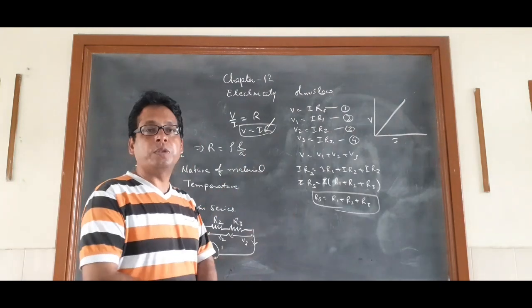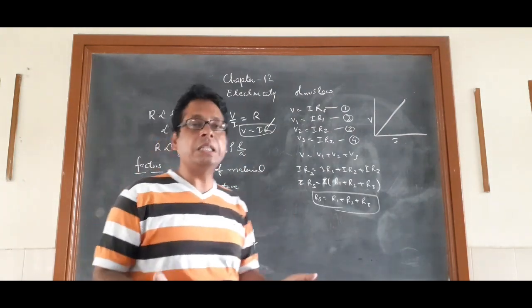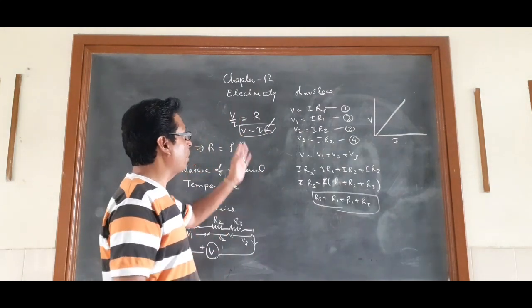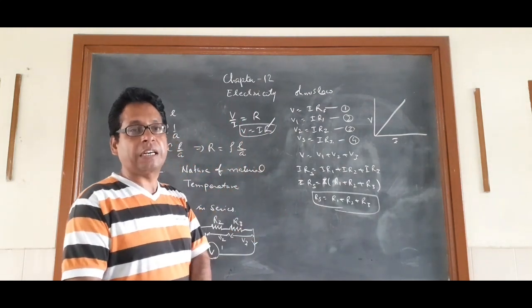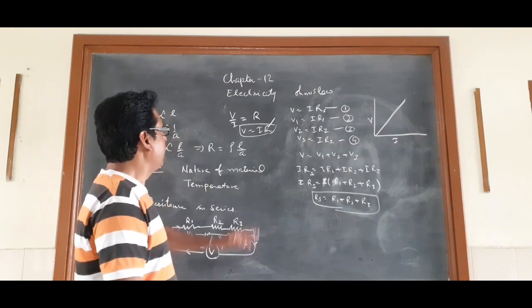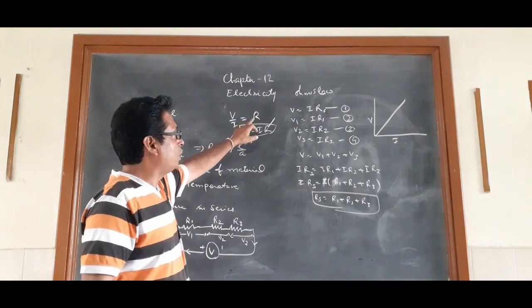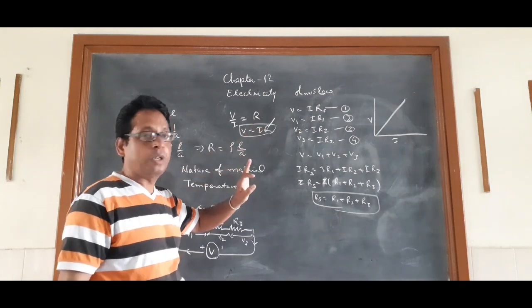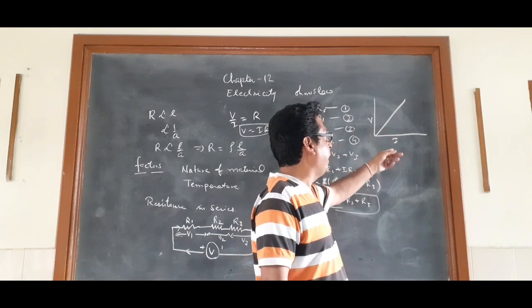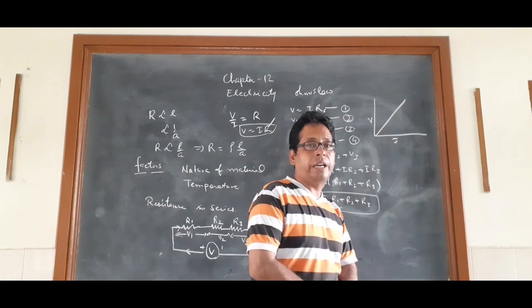According to Ohm's law, keeping the physical conditions same, the potential difference across the ends of the conductor is directly proportional to the current flowing through it, and V over I is equal to R, a constant quantity. If we plot a graph between V and I, it will be a straight line.